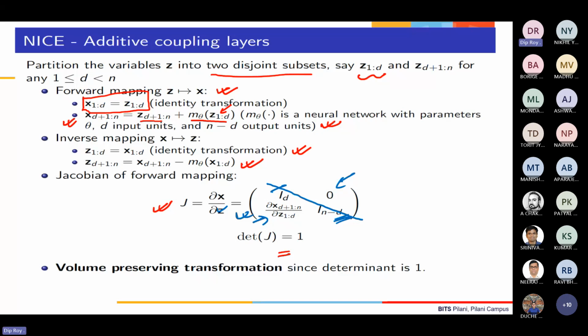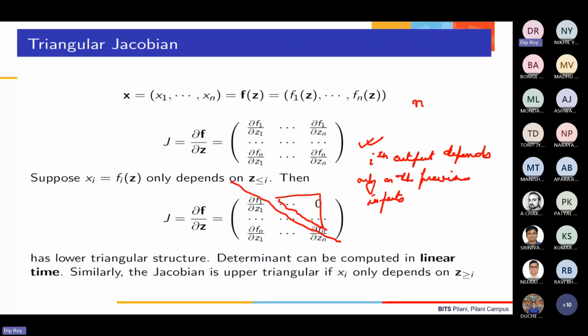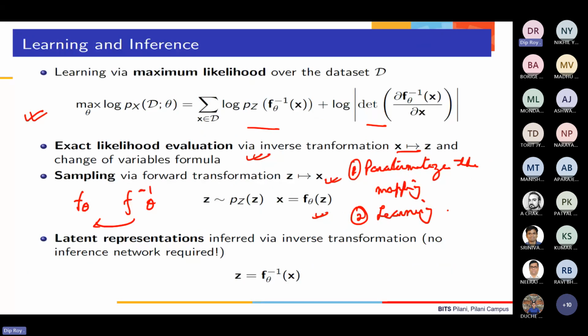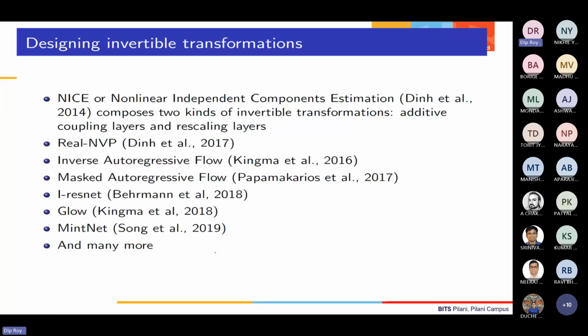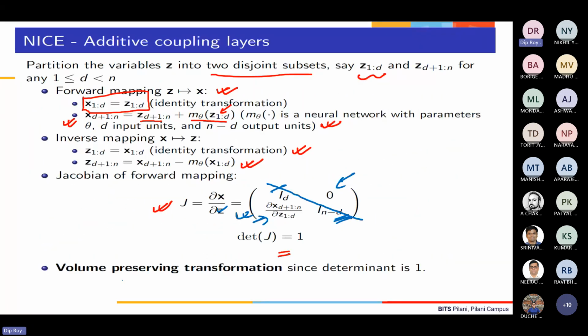And so if you use 1 in this change of variable formula, it means that this particular term does not have any impact. It's the same. And that is why it is saying that it is a volume preserving transformation, since the determinant is 1.